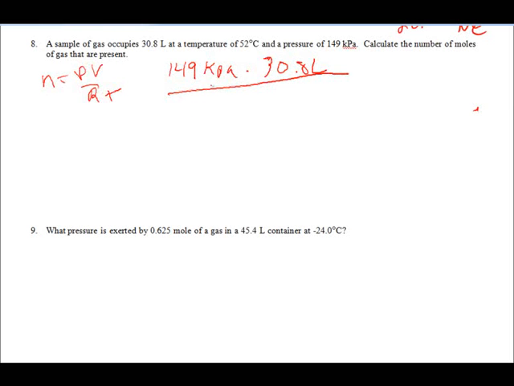My R, because it's kPa, is 8.31. My temperature is 52 plus 273, and that's going to give me 325. I multiply this out and I get 1.7 moles. Pretty easy.